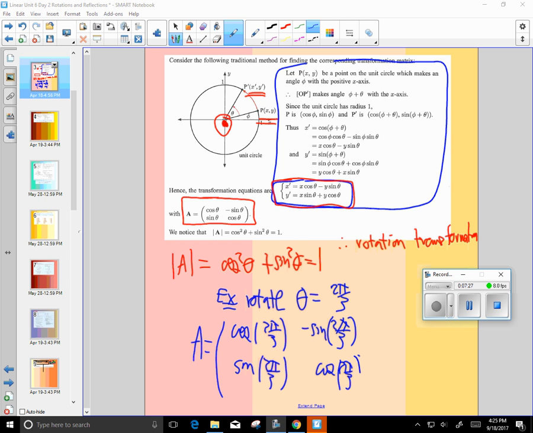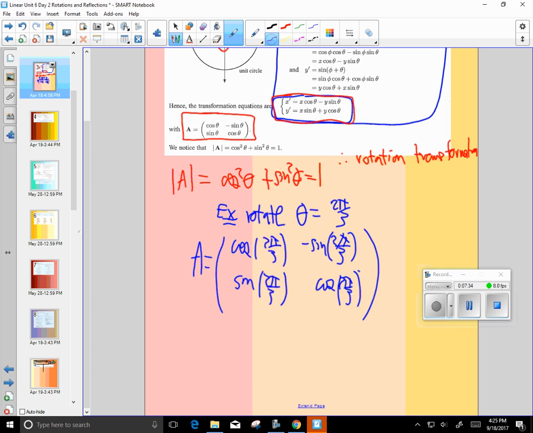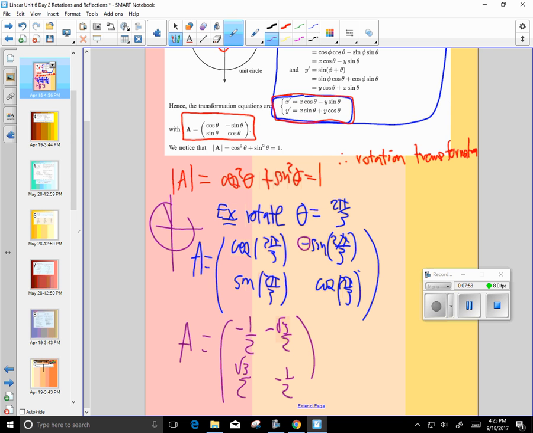And then when you put those together and simplify them, on the unit circle, 2 pi over 3, cosine will be negative 1/2. Sine of 2 pi over 3 is square root of 3 over 2, but it's going to be negative because of this sign. Sine of 2 pi over 3, square root of 3 over 2, and cosine again is negative 1/2. So this is the transformation matrix.